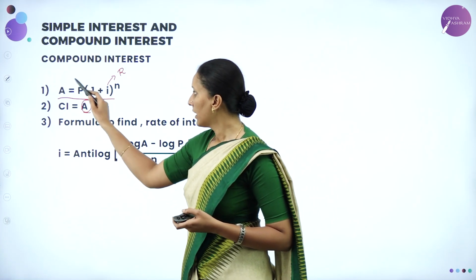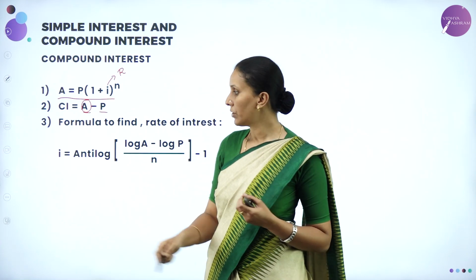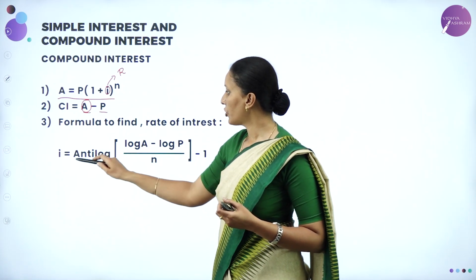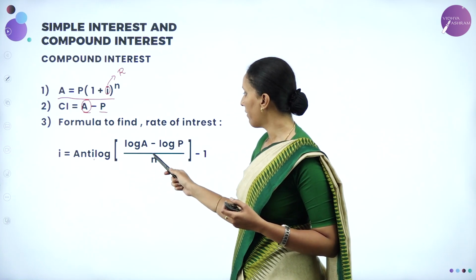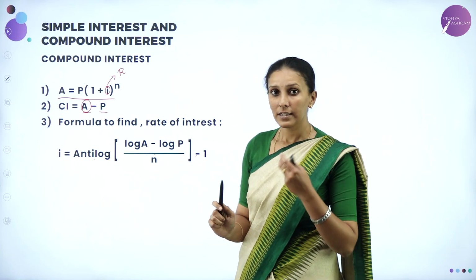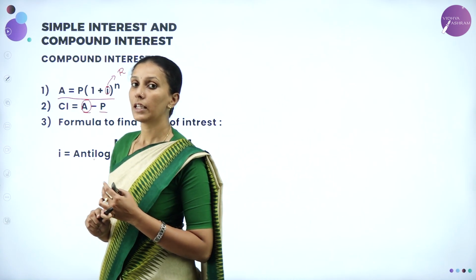Next, the same formula can be used to calculate the interest rate, which is given by antilog of (log A minus log P) divided by n, minus 1. Similarly, we can also calculate the time period.